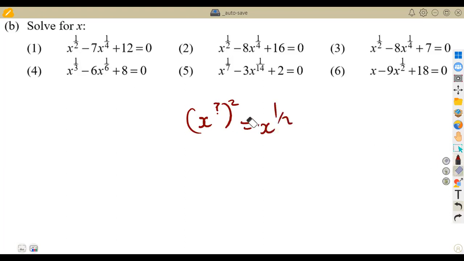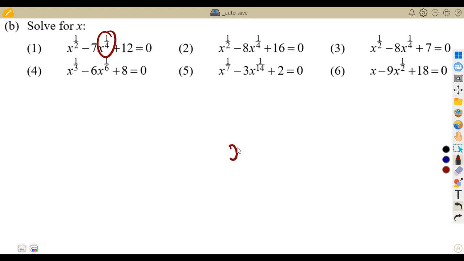So I ask myself, because I know it must be to the exponent of 2, and the number that I'm having there is 1 over 4. So if I'm saying x to the exponent of 1 over 4, raised to the exponent of 2, am I going to obtain 1 over 2 there? If you multiply 1 over 4 times 2, do you get a half? Yes, you get a half, which is 1 over 2.